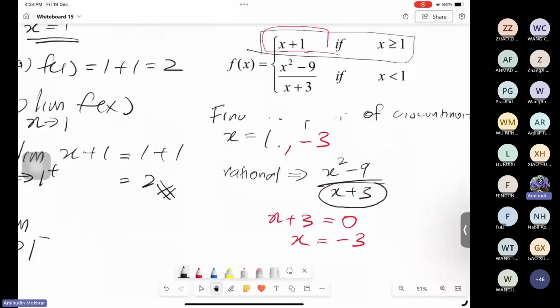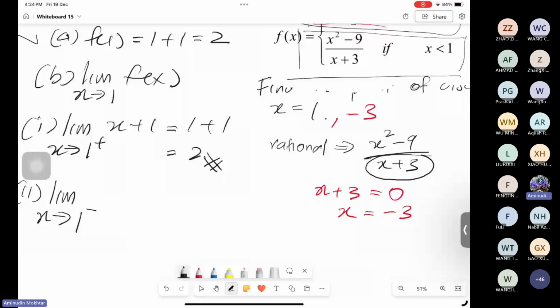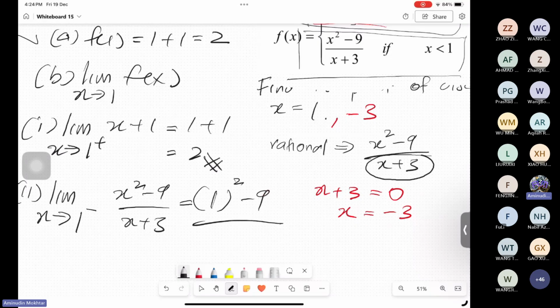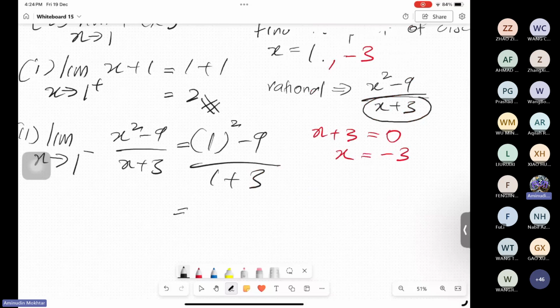When x is less than 1, the valid function is x squared minus 9 divided by x plus 3. This is equal to 1 squared minus 9 divided by 1 plus 3, which is 1 minus 9, negative 8, divided by 4. The answer is negative 2.